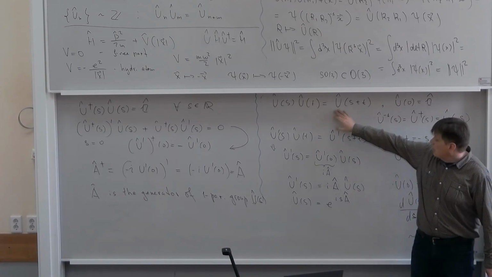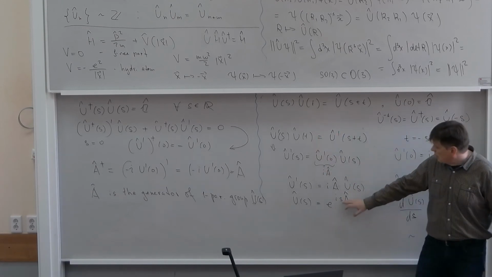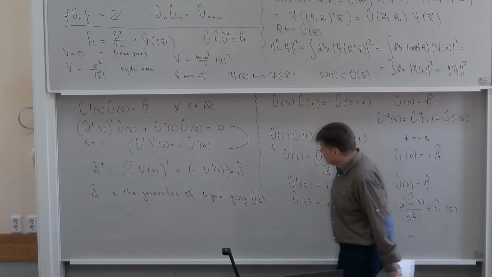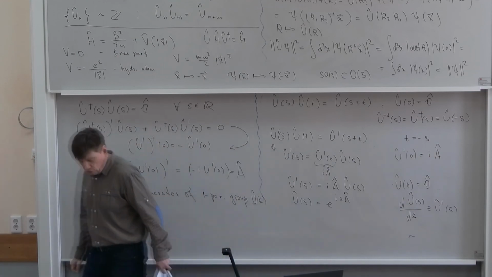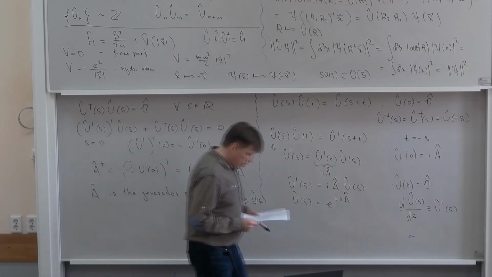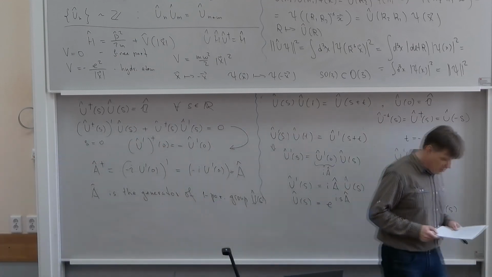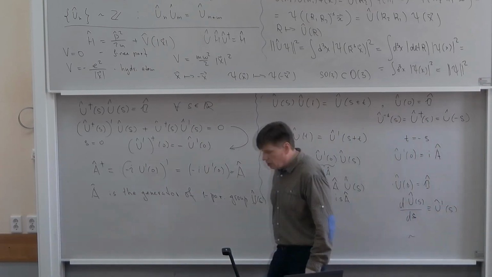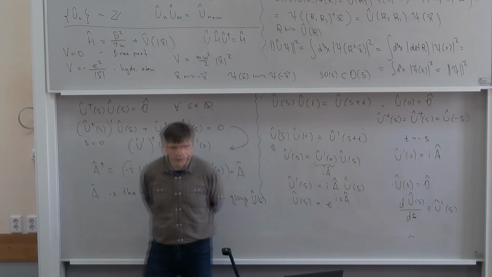If we have a symmetry transformation, it is necessarily generated by some integral of motion. And at the next lecture, we'll consider some specific examples of such one parameter groups of symmetries.